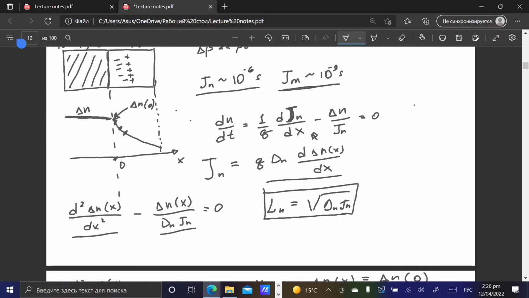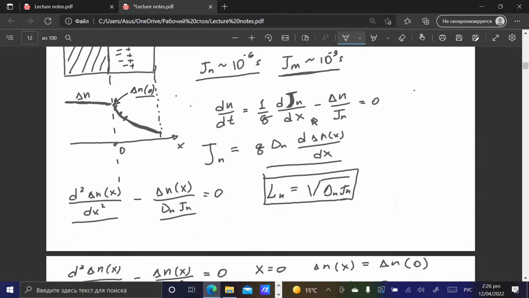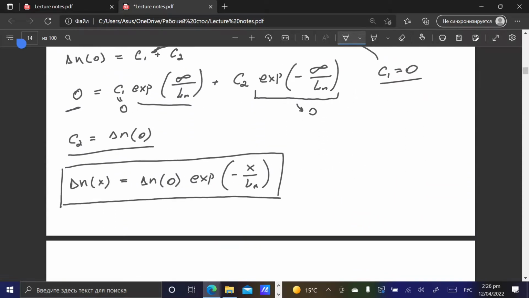If we come here again, this is the function which describes this profile. We start from delta n at 0, and then according to our analytical derivation it exponentially decays in the dark region of the semiconductor, and we operate with this parameter Ln, which is the diffusion length of minority charge carriers in this semiconductor.